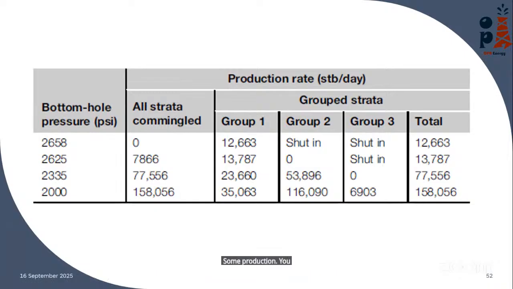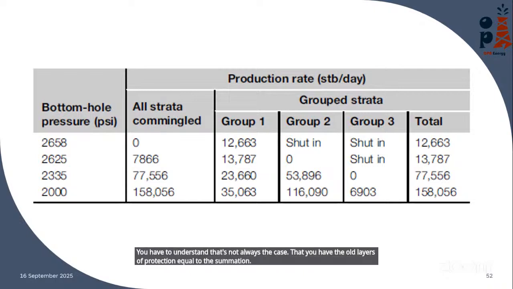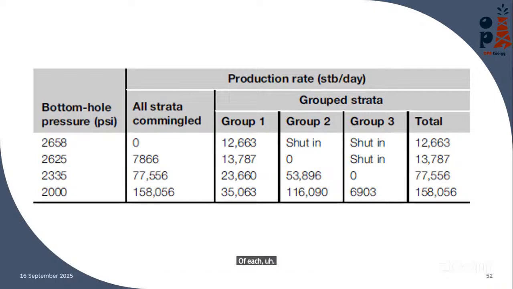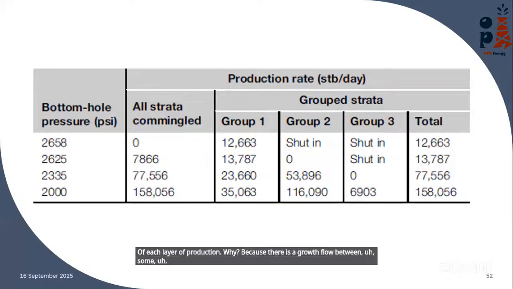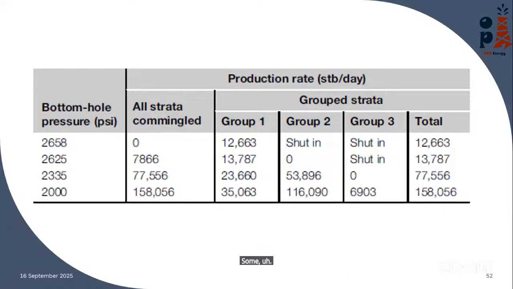You have to understand that it's not always the case that the total production of all layers is equal to the summation of each layer's production. Why? Because there is cross flow between some layers, where oil from a certain layer goes out and flows to another layer.